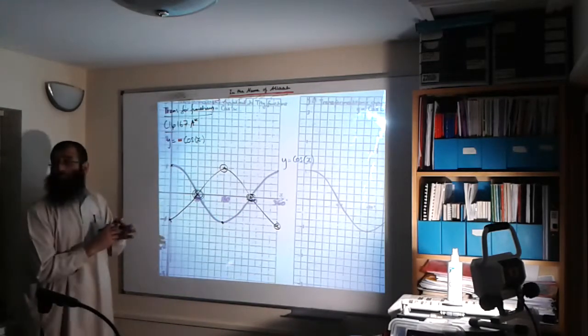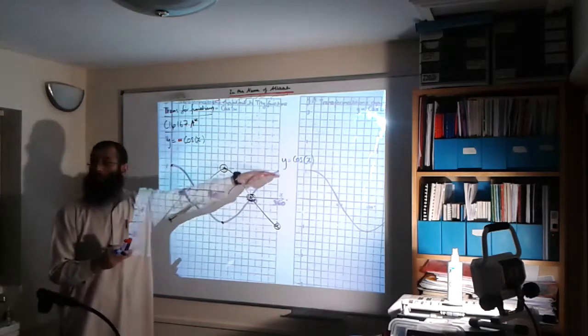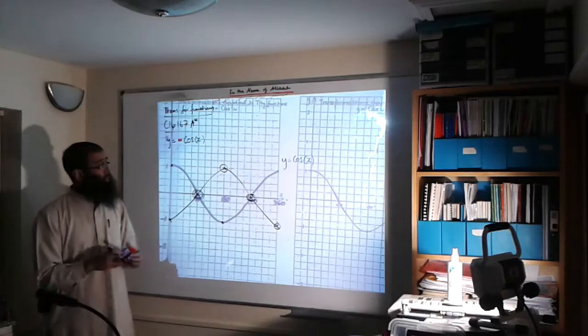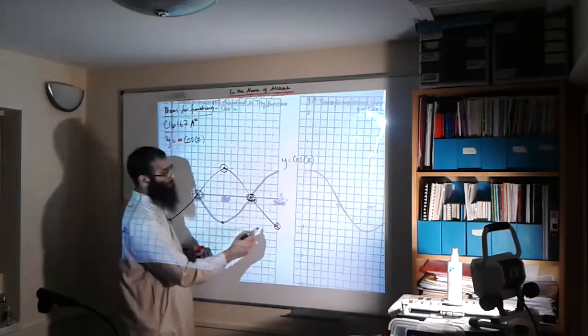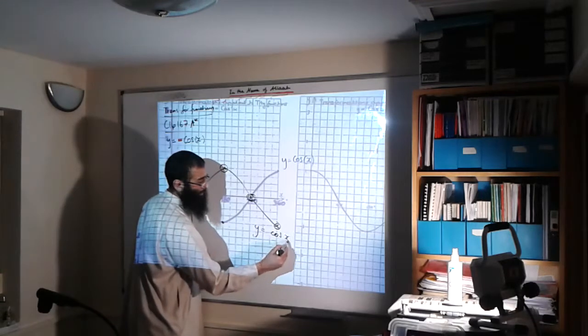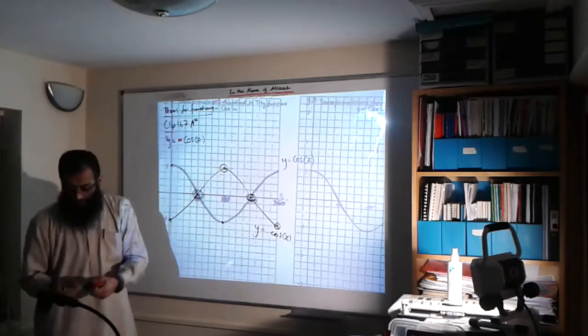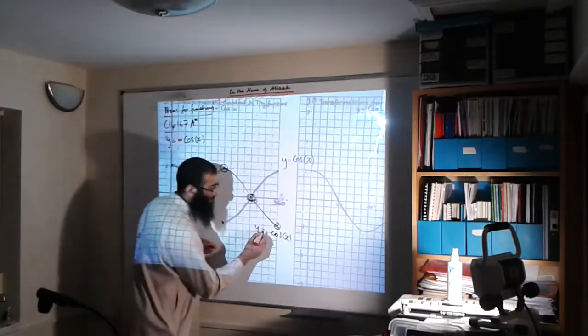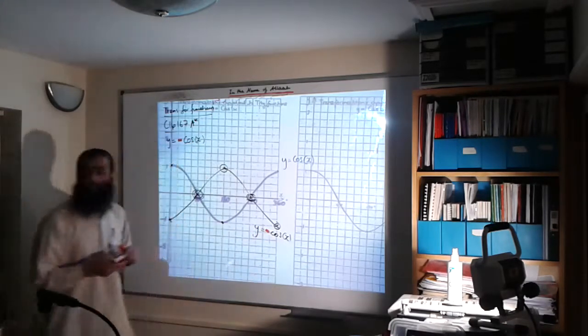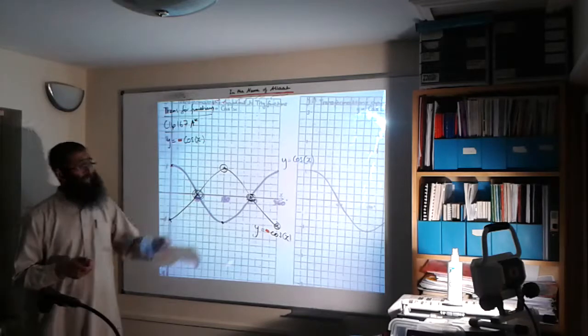The original function, Umar, is given in blue, and our reflected function is given in black. So the reflected function is y is equal to, put the red in there, and put the red nice and big. There you go. Minus cos x is the black one.